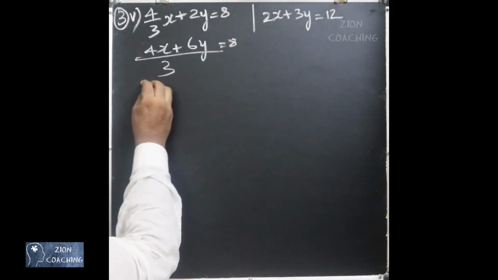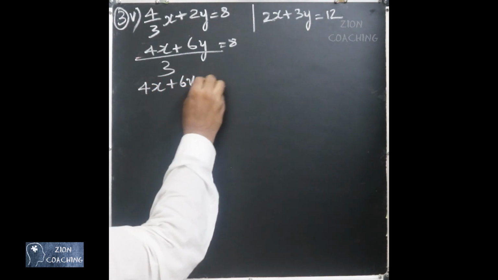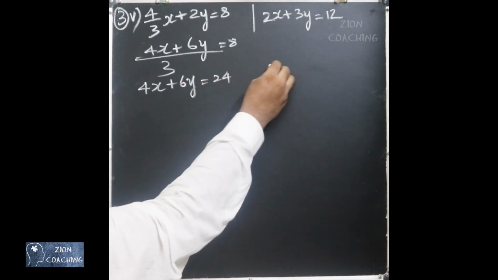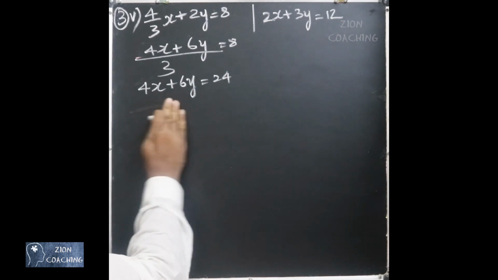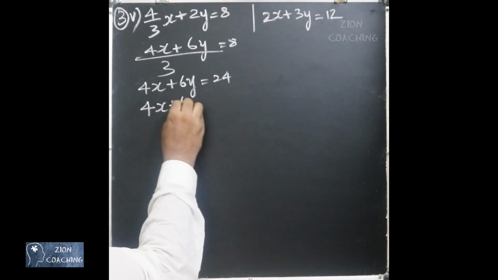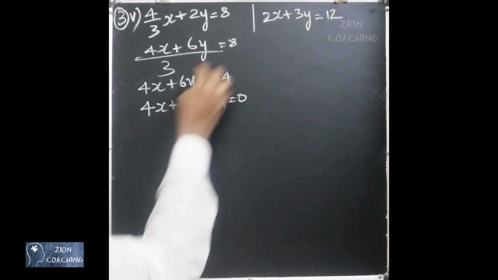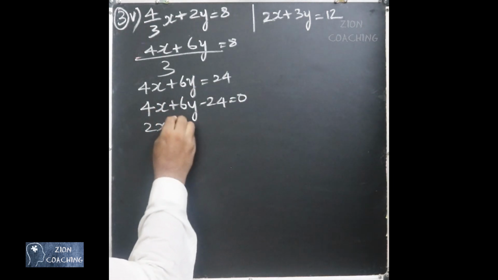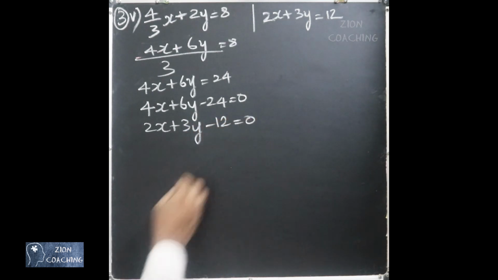When you take this 3 to the other side, we will have 4x plus 6y equal to 24. Now this can be written in the general form as 4x plus 6y minus 24 equal to 0. Then the second equation can be written as 2x plus 3y minus 12 equal to 0.